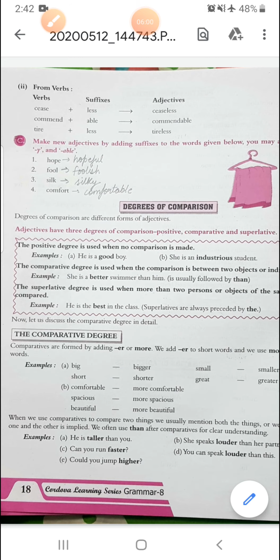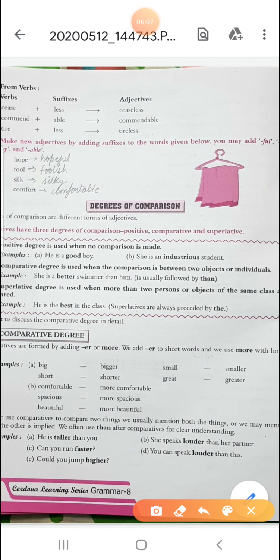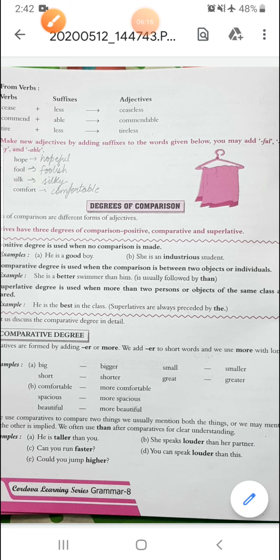And what are the 3 degrees of comparison that we know? Yes, I know that you all know. First is positive, second is comparative, third is superlative. These are our 3 degrees of comparison.